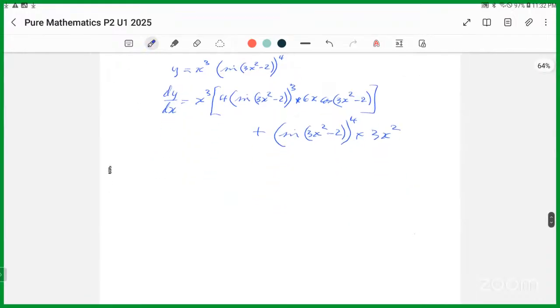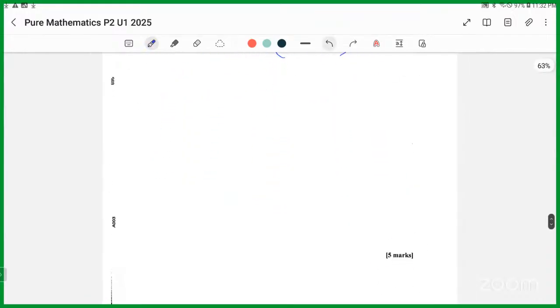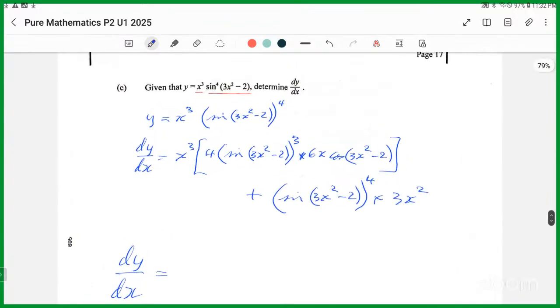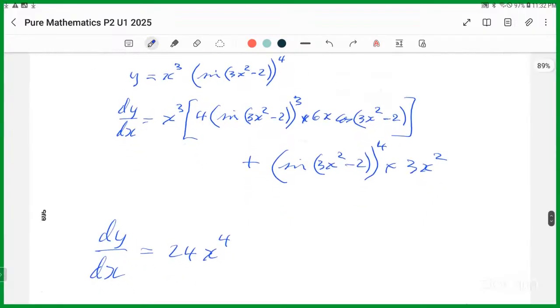So let us simplify. dy by dx becomes equal to this other one. So it's 6 times 4, which is 24, and it's x cubed times this x, which is x to the 4th power. And this is really sine cubed of this expression.